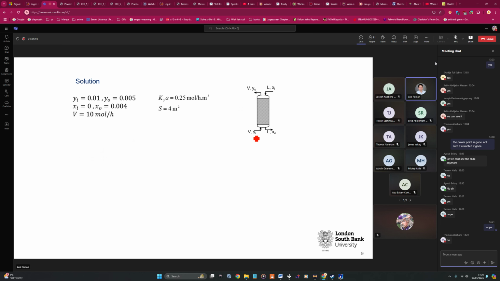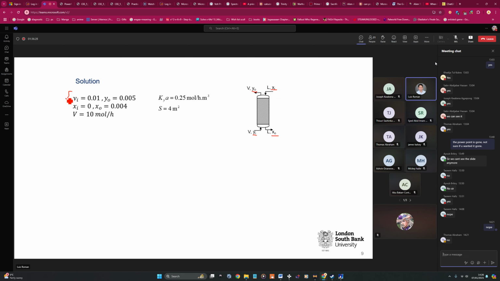So we have these values. And in this case, we also have the concentrations of the composition of the solute of the liquid phase. So it says that pure liquid enters, so X inlet is equal to 0, and we have the value of the composition of the liquid leaving the column.